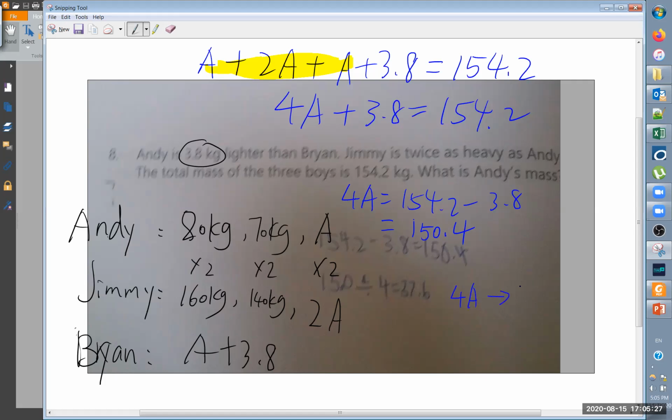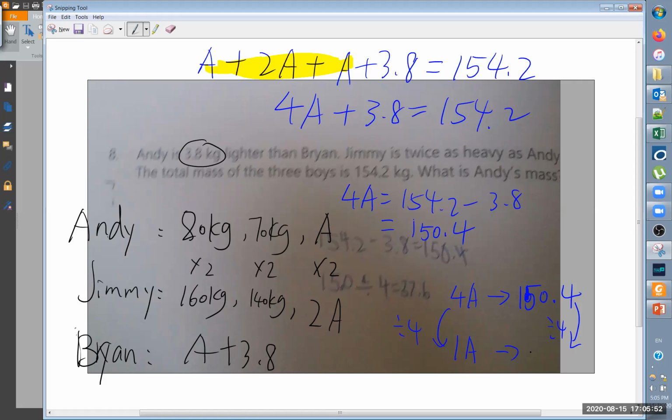4A is 150.4, right? So 1A is how much? So your A is decreased by 4. So what's the mathematics? Divided by 4. So if your A is divided by 4, this also is divided by 4. So what do you get?